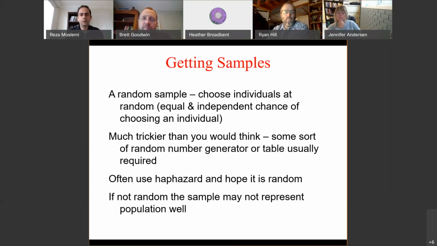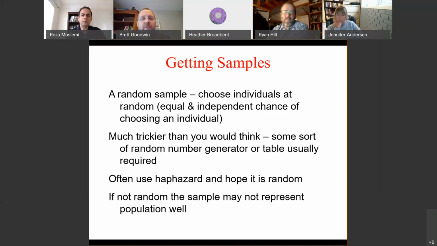There was a study way back in the 80s that looked at all the data that was gathered by limnologists to study lakes. Most of the lakes that were ever sampled were within a 3-hour drive of a major research university in the States that had a boat ramp. So many, many lakes were never sampled because they were hard to get to. So it wasn't a true random sample.